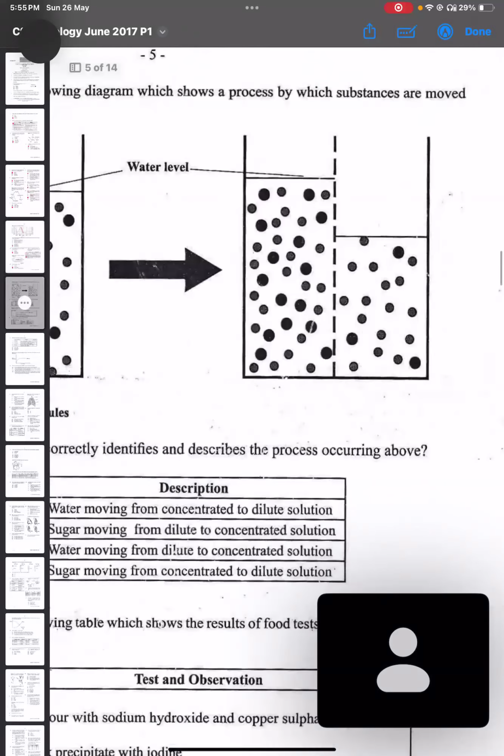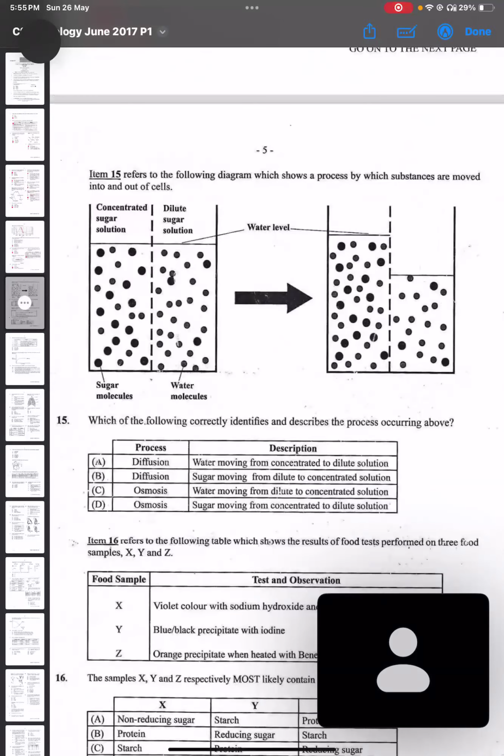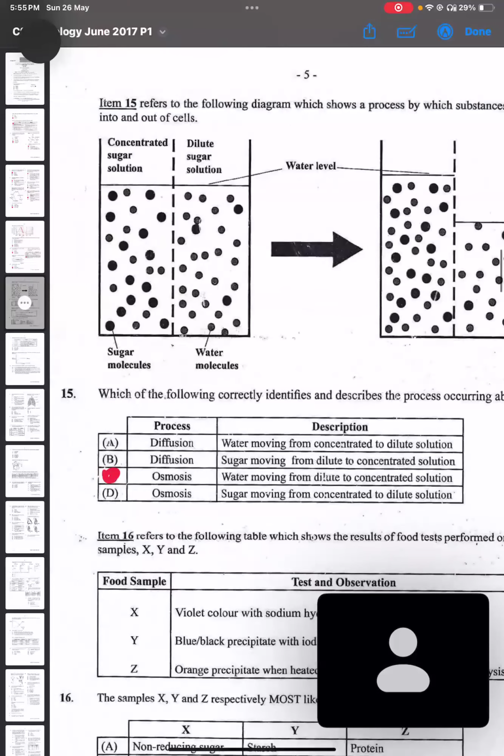And then for 15, we have a continuous and a dilute sugar solution, and it's asking you to identify the correct process by which substances are moved in and out of cells. In this case, our answer would be C, osmosis, because it is the movement of water molecules from a dilute solution to a concentrated solution.